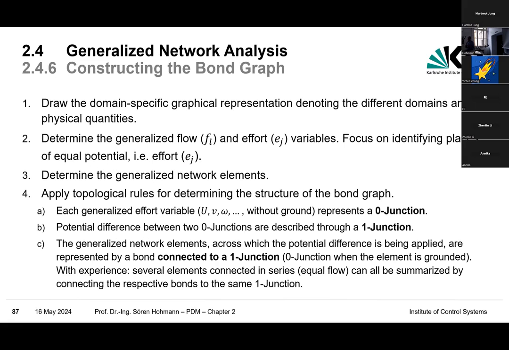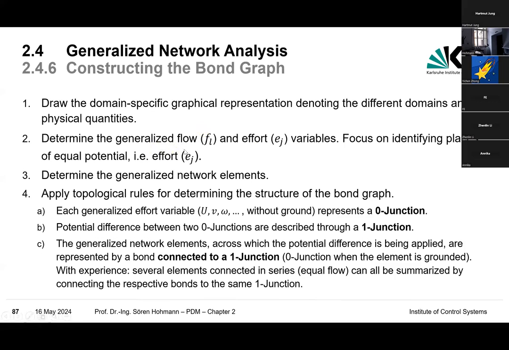Again, sorry to say, you have to train it a little bit. But please always follow the rules here, the step-by-step procedure, then you won't fail in any case. It works as follows. You draw the domain-specific graphical representation with the different domains and physical quantities.